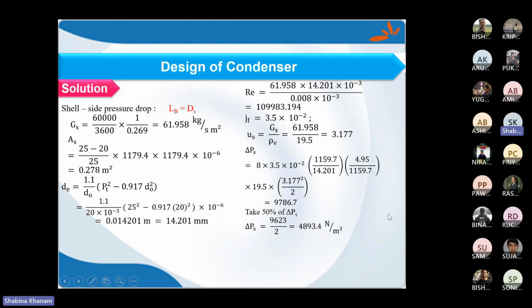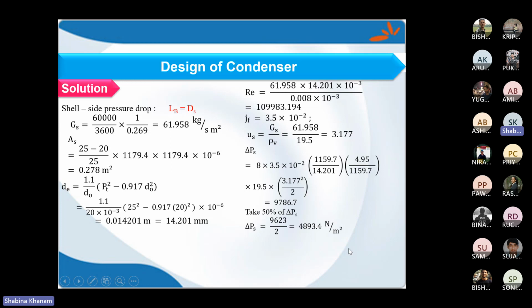Considering all these values, you can find out pressure drop as 9786.7. And if you recall the last class, wherever I'm having a condensation, there we calculate the pressure drop based on the vapor property, and just half value of that should be considered as total pressure drop of that side. So just you need to consider 50% of the calculated value. So it should be this value, 4893.4.